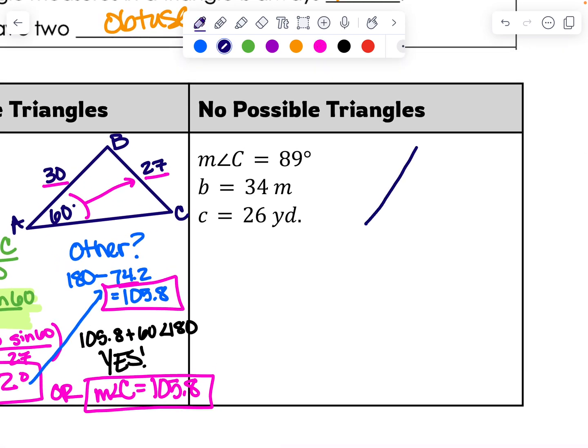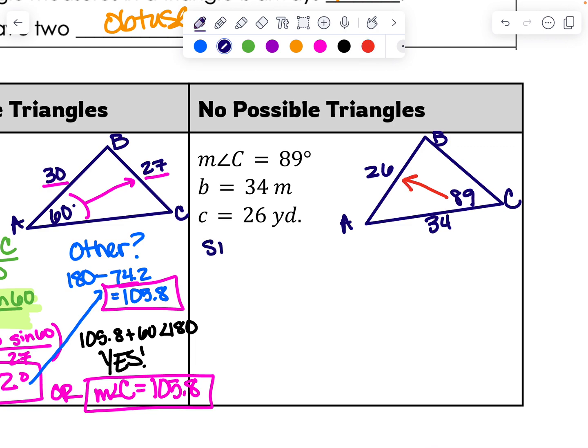All right, so one more. Now we're going to see what happens when we've got no possible triangles. So set up your triangle, A, B, and C. Angle C is 89, side C is 26, and side B is 34. Again, side-side angle relationship, angle in its opposite side.